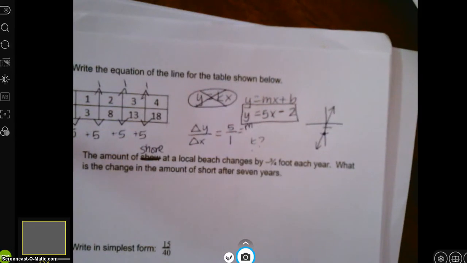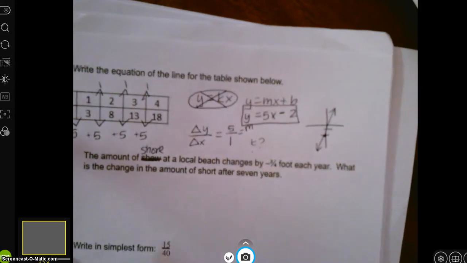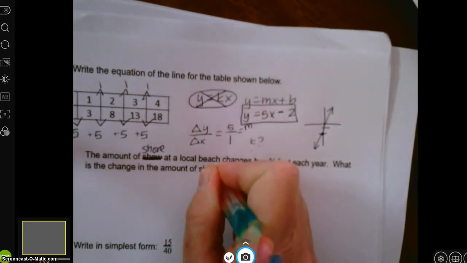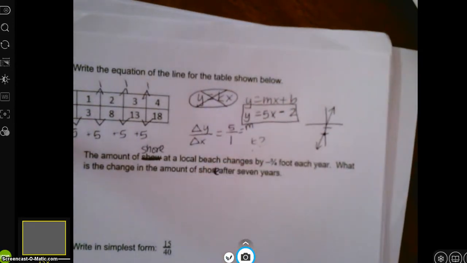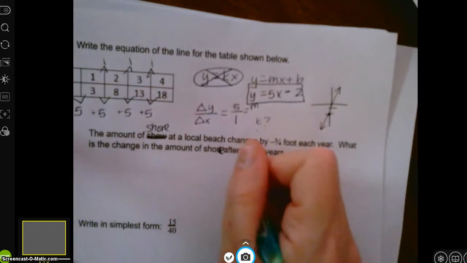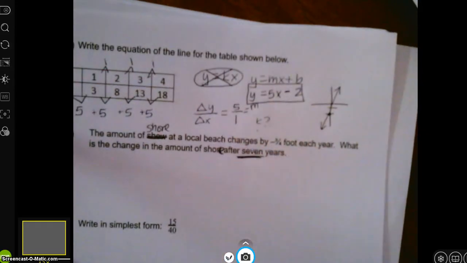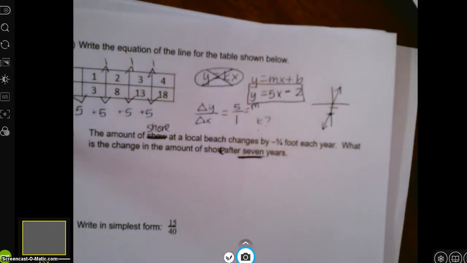So they're losing some sand and maybe the water's taking over 3/4 of a foot each year. What is the change in the amount of shore after 7 years? I cannot type, I should have proofread this. Here we go. Make sure you underline 7. It's one of those things you will miss if you're not careful.